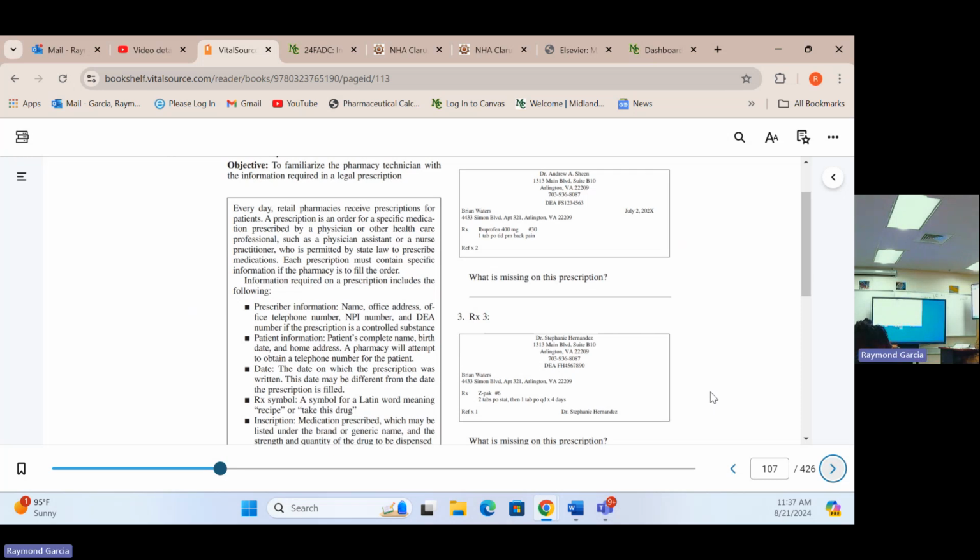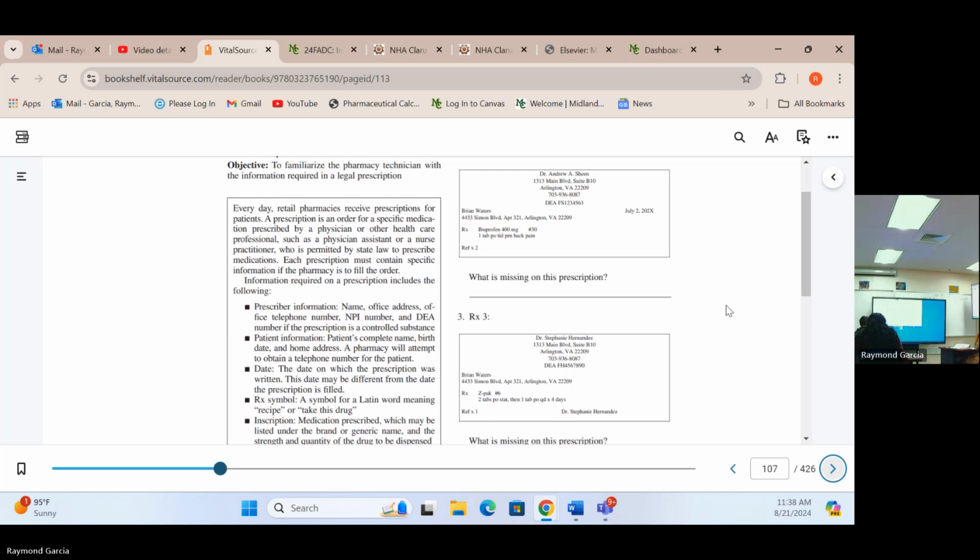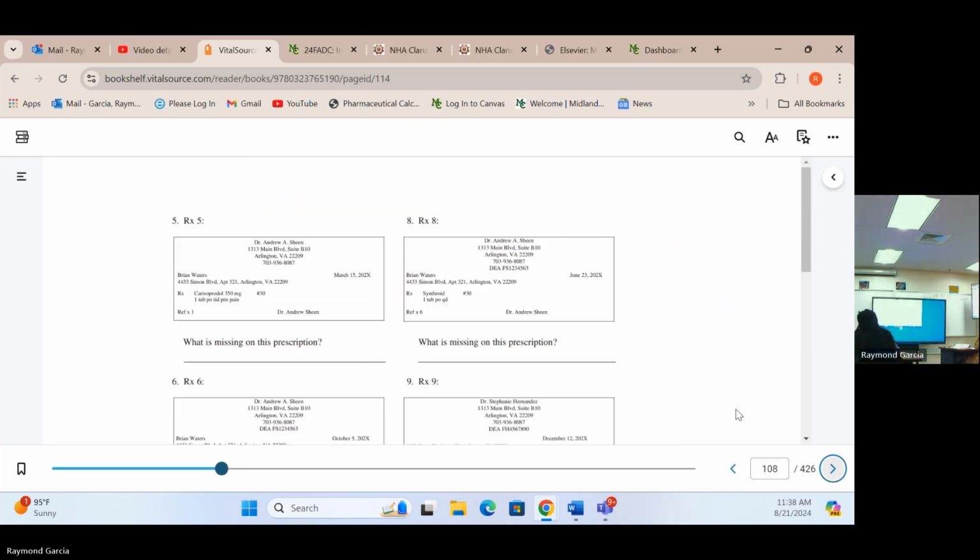The physician's signature, patient's date of birth is missing. That's what you gotta do on 8.2.